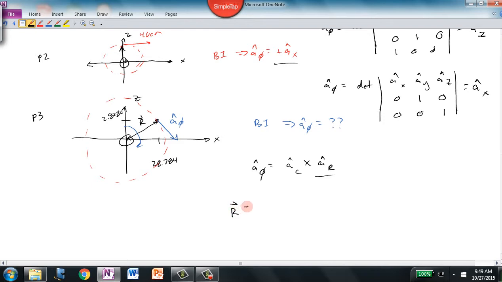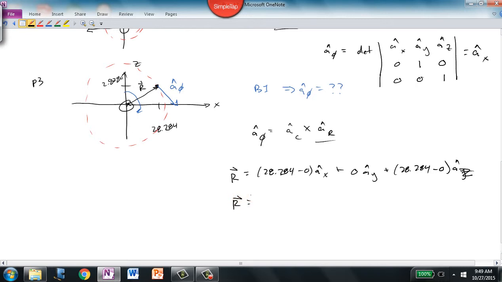So the r vector is just going to be 28.284 minus 0 pointing in the x direction, plus no component in the y direction, plus, sorry, that's not 7, that's 28, those are 2's, 28.284 minus 0 in the z direction.